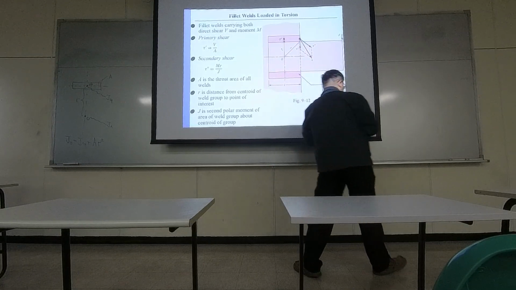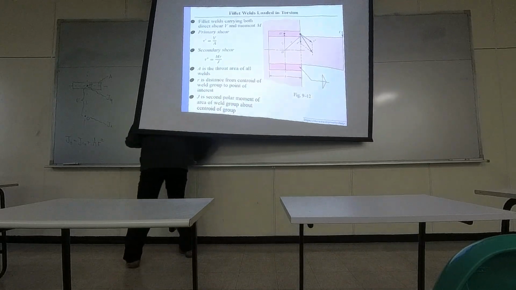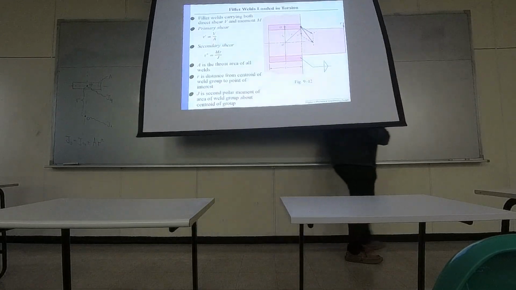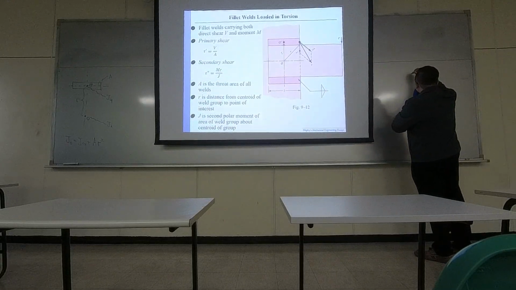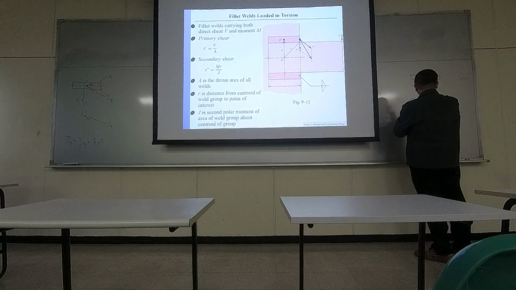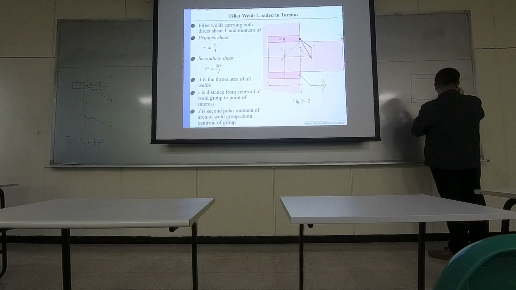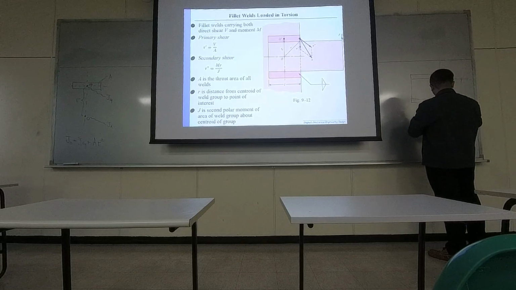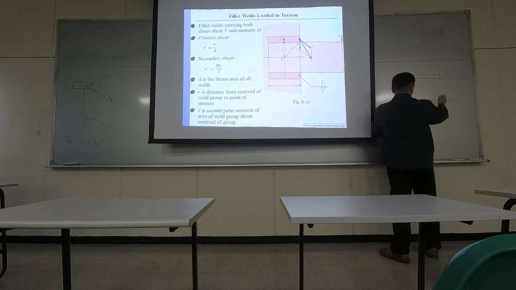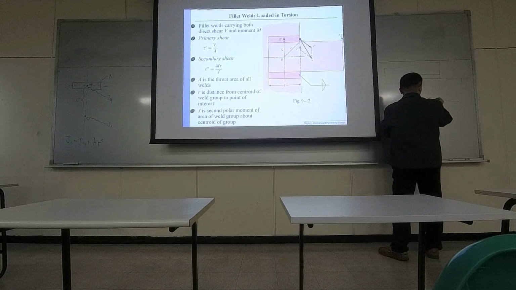So if you try to make a drawing of the welding material, let's say you have welding material arranged in this way, and here is the structure you have, and this is like a larger structure. So these are the welding materials.